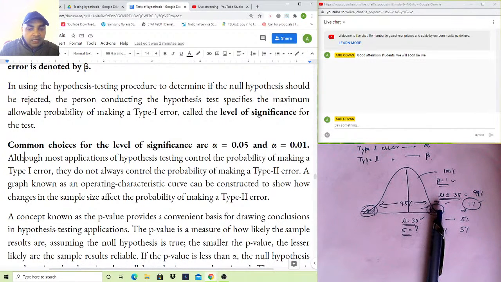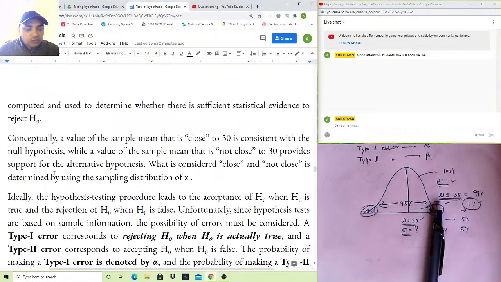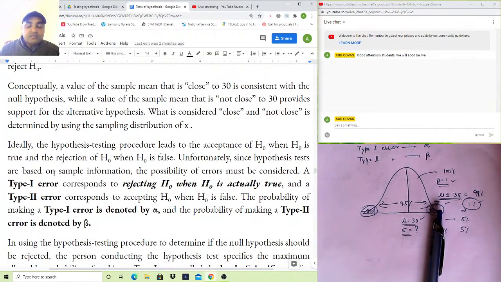Okay. What we control is the type 1 error, that we should not reject the null hypothesis when it is actually true. So when we will be committing this to be, say for example, 5%. So in our 95% of the samples, okay, we will be holding this true, right?